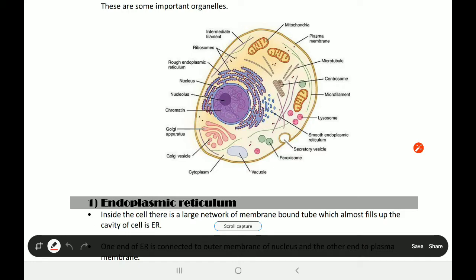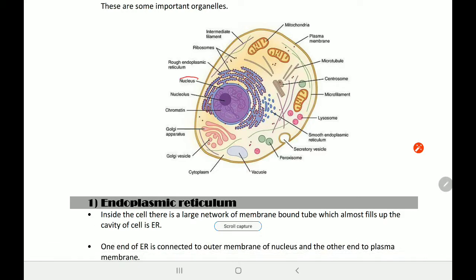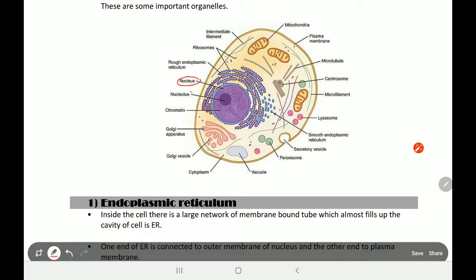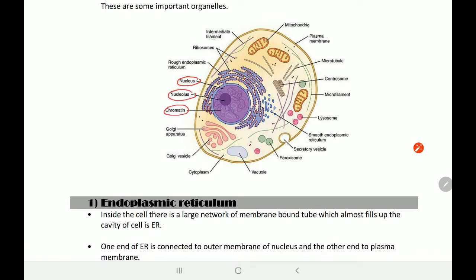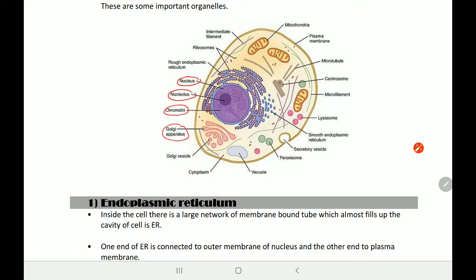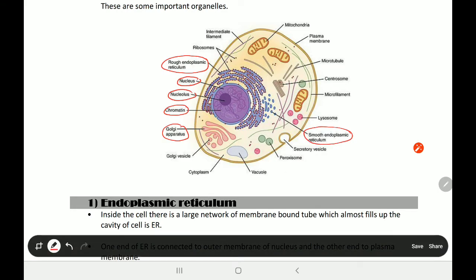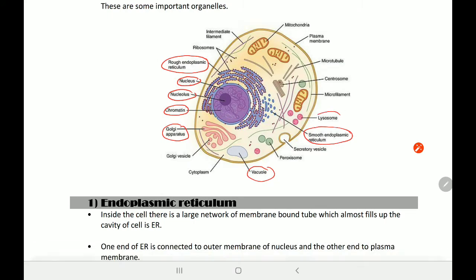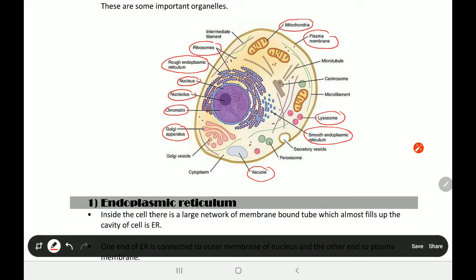First of all, of course, the nucleus. In the center of the nucleus is the nucleolus, chromatin material, thread-like structure or maybe DNA which is present in it, Golgi apparatus, ER, that is RER, rough endoplasmic reticulum, and smooth endoplasmic reticulum, vacuole, of course. Then we need to know about lysosome, mitochondria, plasma membrane, ribosomes. So these are the important things this year you will be learning.